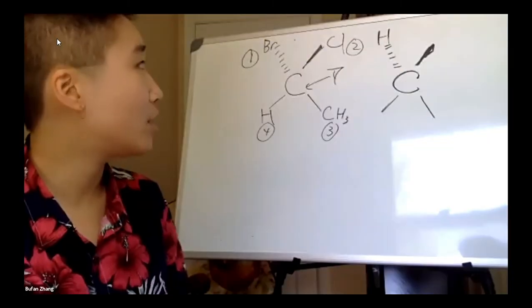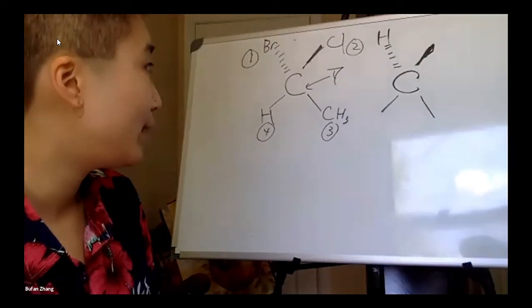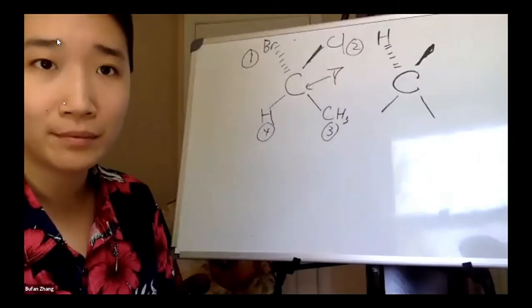I have a question. So for example, I have the model kit, but I'm trying to imagine this in my head. So if we have like 2 pens, if the H and CH3 are in the same plane right now, and you said there are 2 planes crossing each other, right?